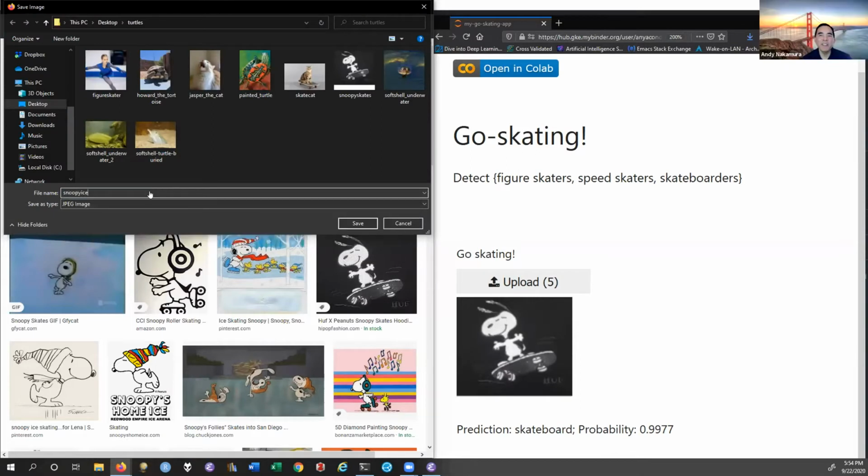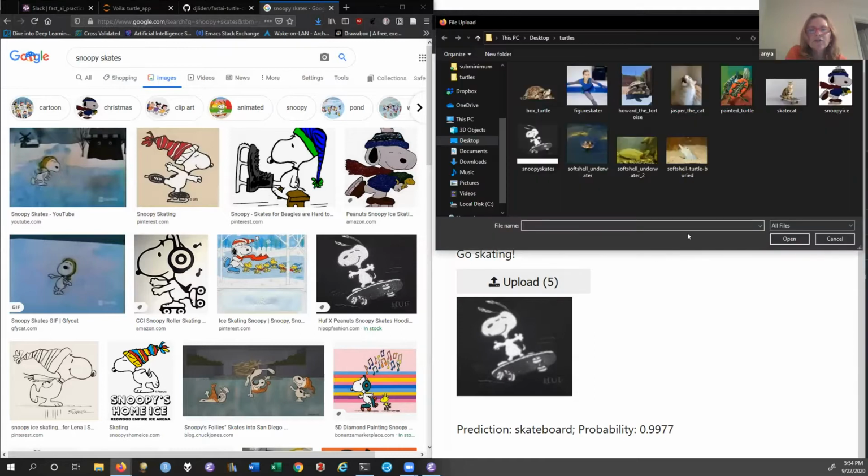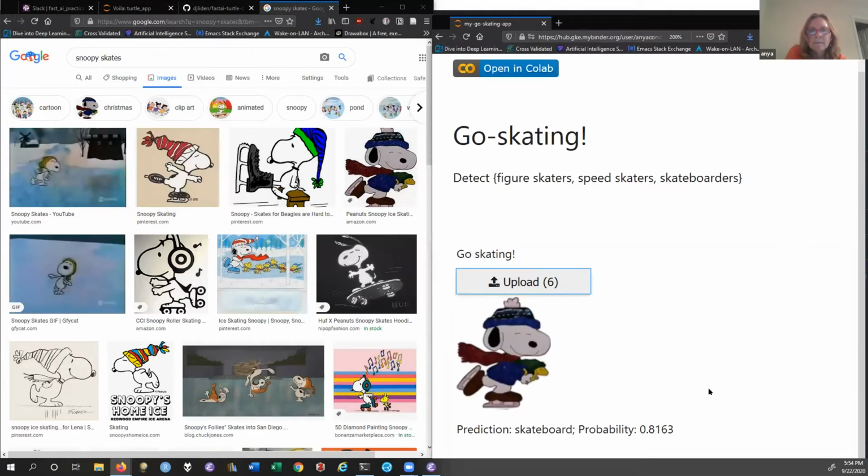How many images did you train on? So I went with the default 150. Didn't get that one. Yeah, it mispredicts because, yeah, you're right. It's a drawing. I went with the default.